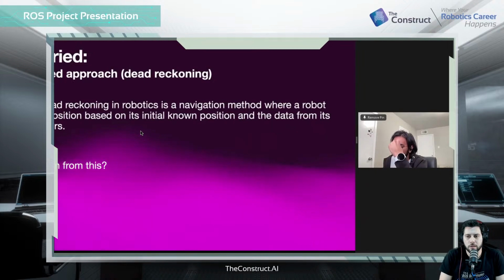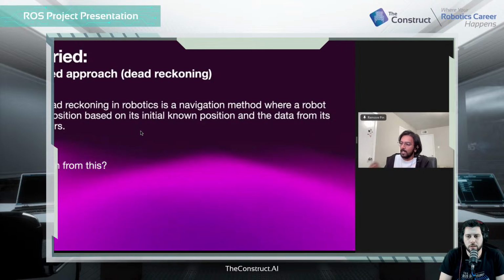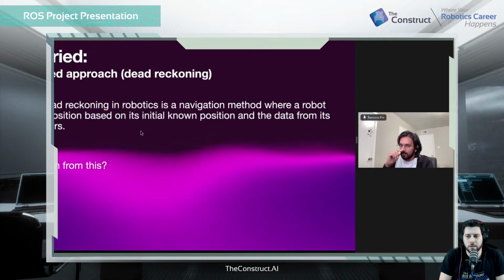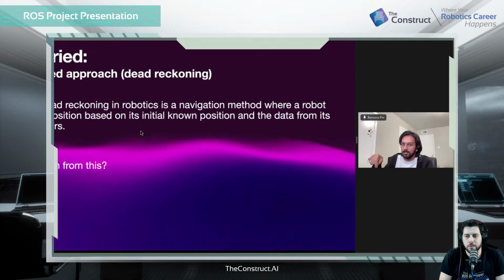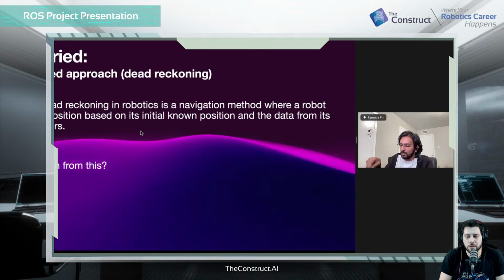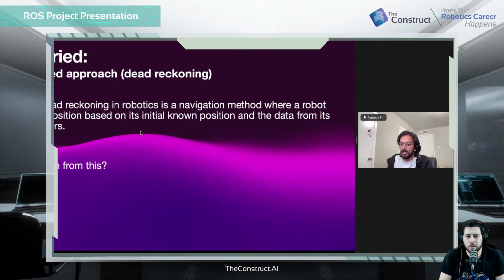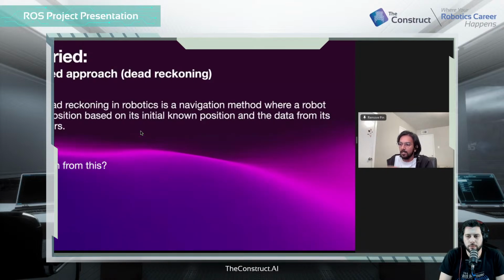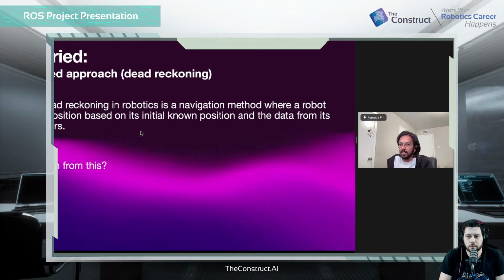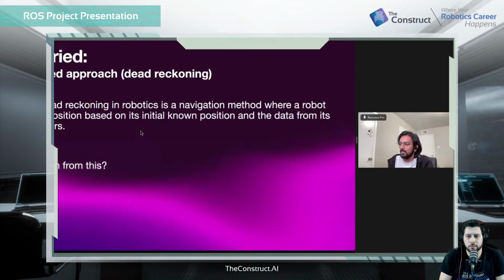Before that, I would just get the laser index once and then use that to calculate the time it needs to turn. So it's basically dead reckoning, where you don't use sensors that are external to the robot. A LiDAR won't be part of dead reckoning. It just uses the gyroscope and accelerometers.